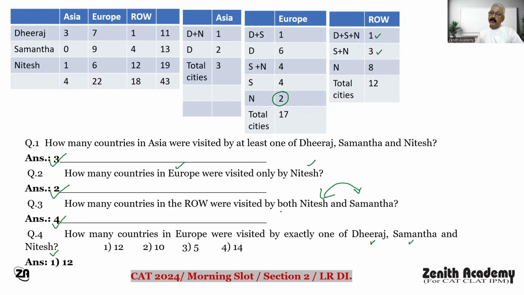Exactly means exactly one. So in Europe, here it is 6, 4, and 2. 6 plus 4 plus 2, it is 12. So this is your final stroke of the solution of this LR set.